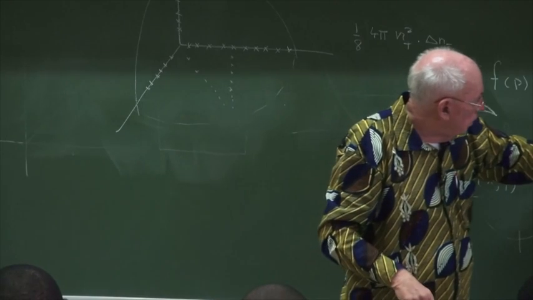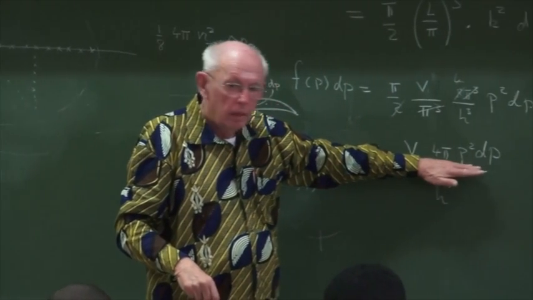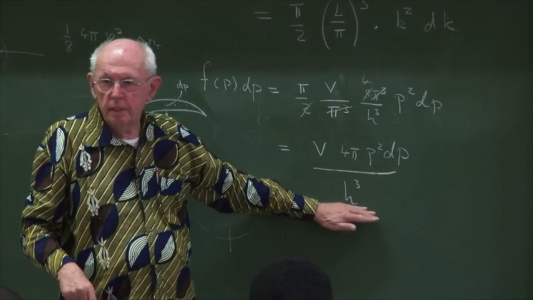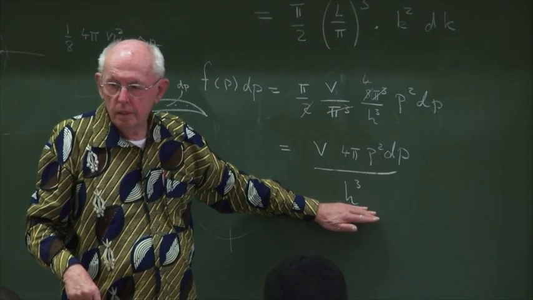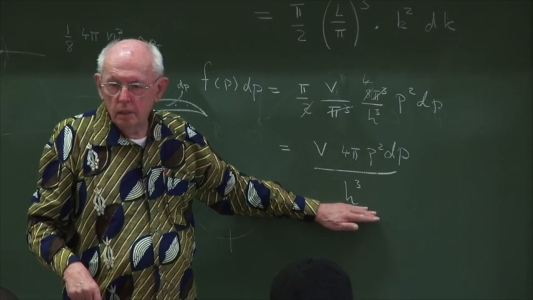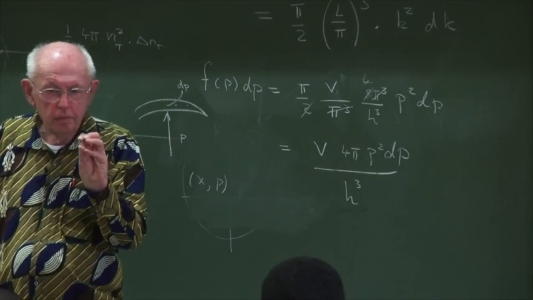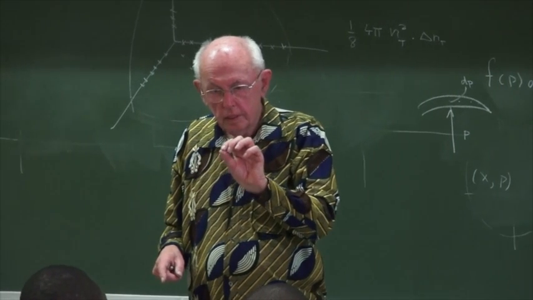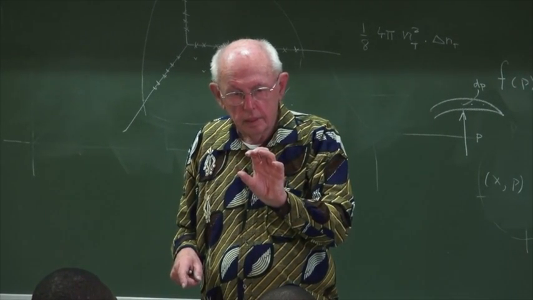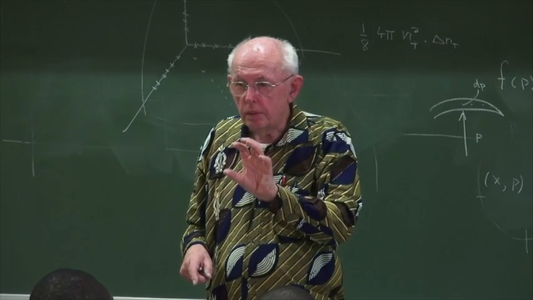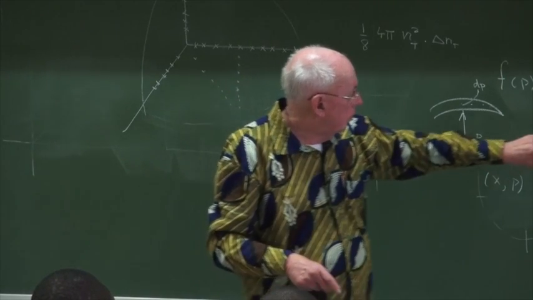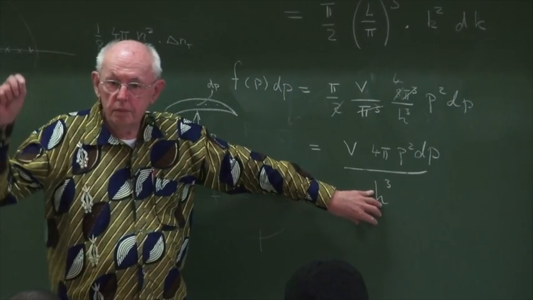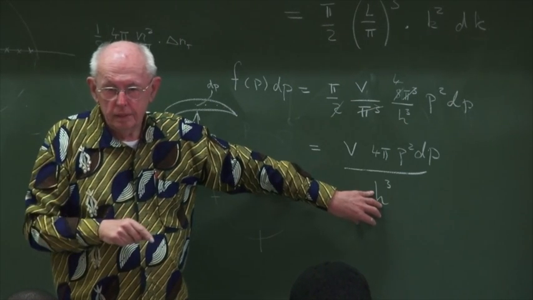So we write down the volume in phase space, and we divide it by h to the power 3, and that is a unit volume in phase space, which I said before already. In the one-dimensional case it was h, now we are in the three-dimensional case, so it becomes h to the power 3. And so we have a volume in phase space divided by h to the power 3, which gives us the number of states.